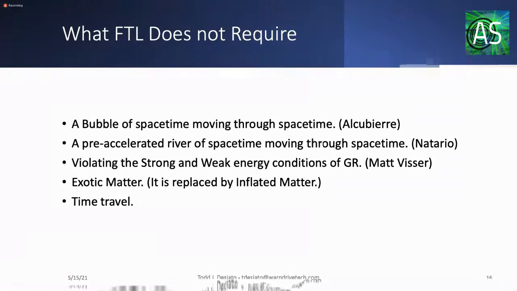So when you increase power, matter inflates. Inflating the matter reduces its energy density. Volume increases faster than the energy input, equivalent to adding a negative energy density. And we call this inflated matter. And I coined that term back in 2015 when I published the paper, The Electromagnetic Quantum Vacuum Warp Drive, in JBIS.